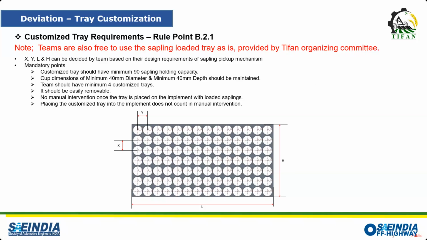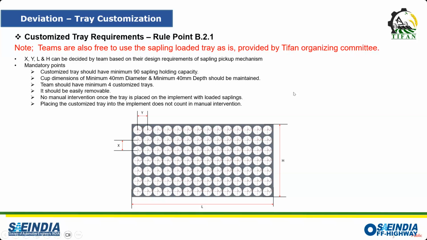Okay, so the reason for providing this liberty is that whenever we are working on any production system, it should start from zero. The tray which we are providing might not be compatible with the implement you are designing, and we don't want to force you to use the existing system. If you can design your implement in such a way that your own customized tray will work best with your implement, then you are free to do that.